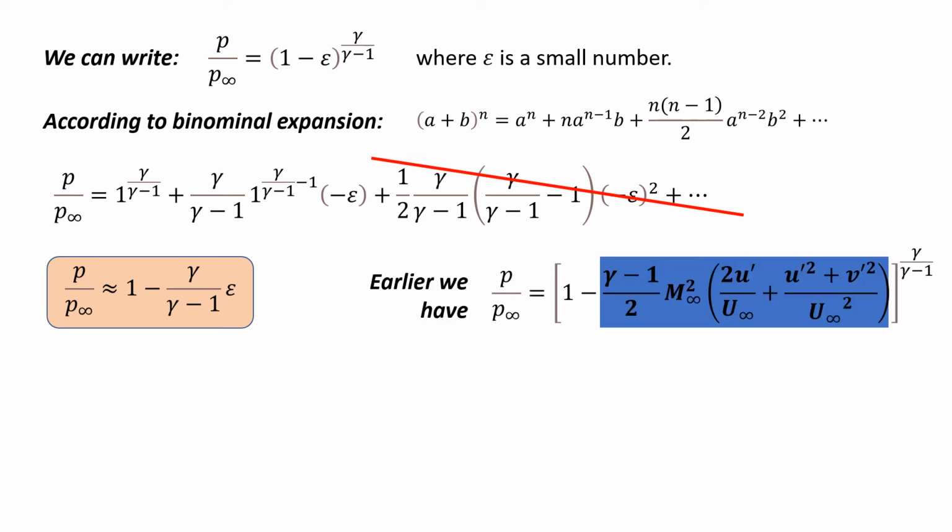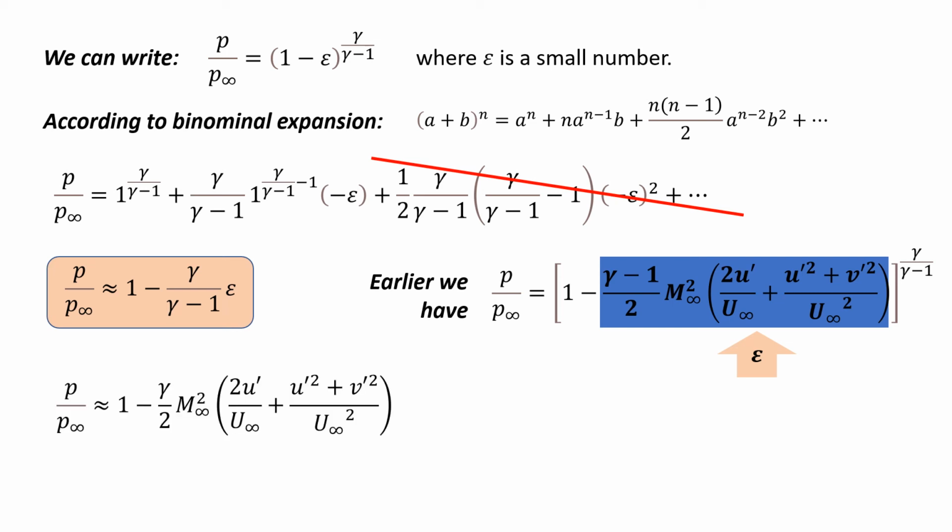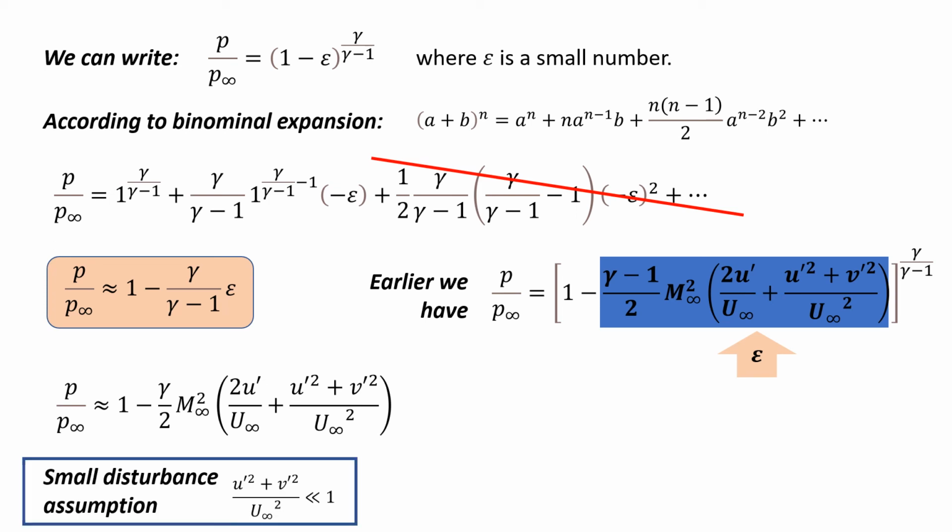And because earlier we have this pressure ratio, 1 minus something big to the power of gamma divided by gamma minus 1. Okay, comparing the two equations, we can find the part highlighted by blue is actually equivalent to epsilon. And then we can have P over P infinity equals 1 minus that highlighted part.